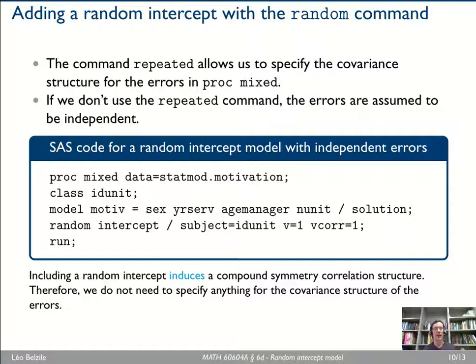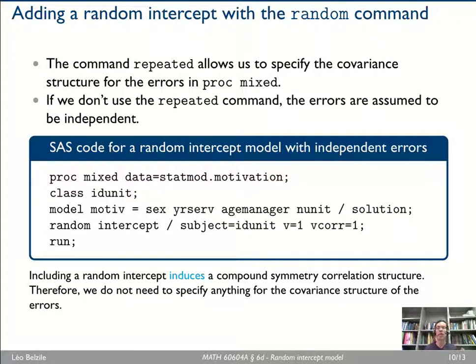And now I have random. On the left, you say random, and then you put all the explanatory variables for which you want a random effect. So if you wanted a random effect for sex, you would put intercept and sex. Usually intercept corresponds to the group effect, so that's typically the one you want. But if you wanted more, you would include those variables next to that. Slash, type, subject, so you have to specify what the group is.